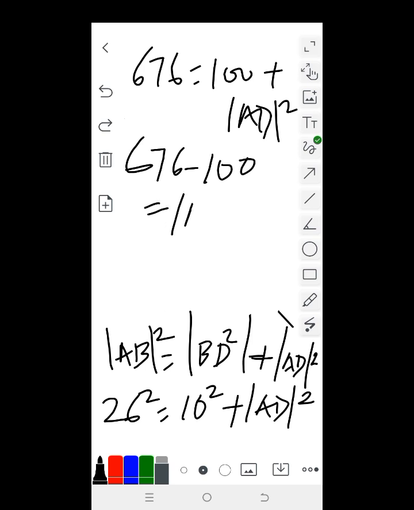So, having known that once positive 100 crosses equality, it becomes minus 100, we have 676 minus 100 equal to line AD square.